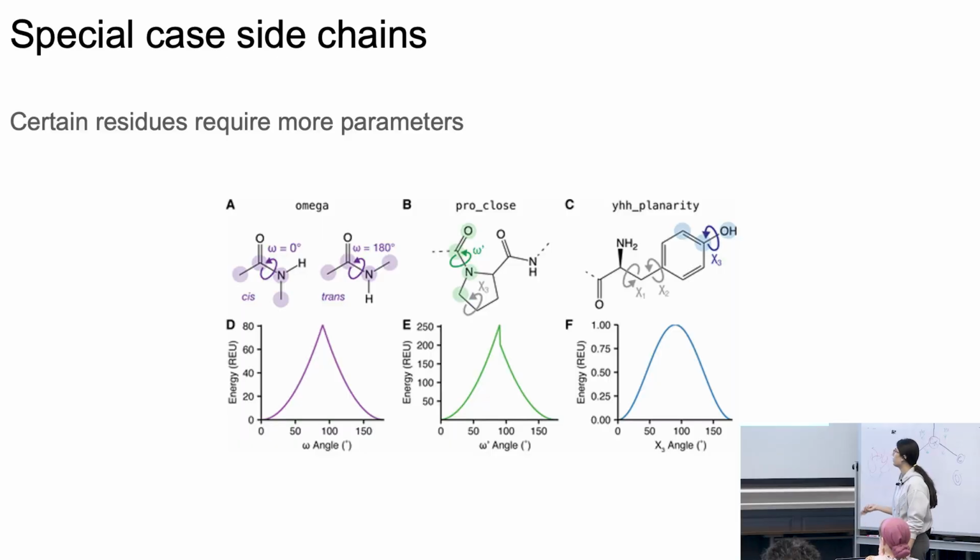And then we have some residues that are more special in how their sidechain interacts with the rest of the protein. From this, the most intuitive example is going to be proline. What is unique about proline?